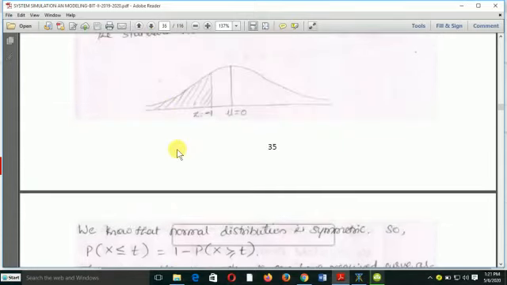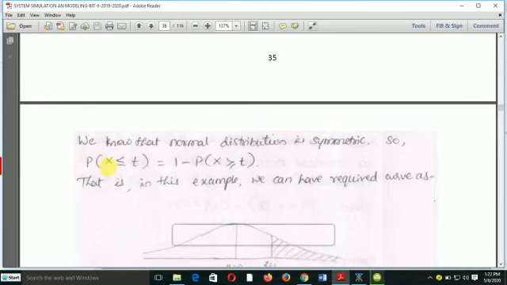So it means that, as it is symmetric, P(X less than or equal to T) will be equal to 1 minus P(X greater than or equal to T). It means that if the mean is equal to 0, greater or equal will be in both parts. So this will be equal to the opposite of it.